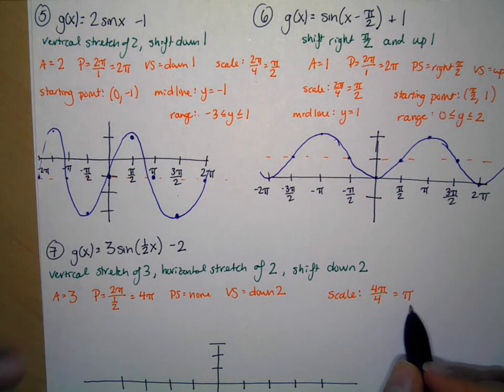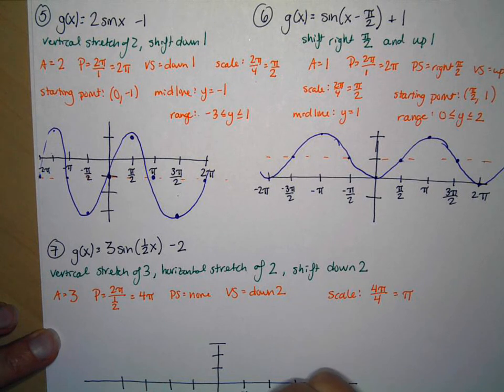So the first mark on the x-axis is going to be 1 pi. My second mark will be 2 pi. My third mark will be 3 pi. My fourth mark will be 4 pi.